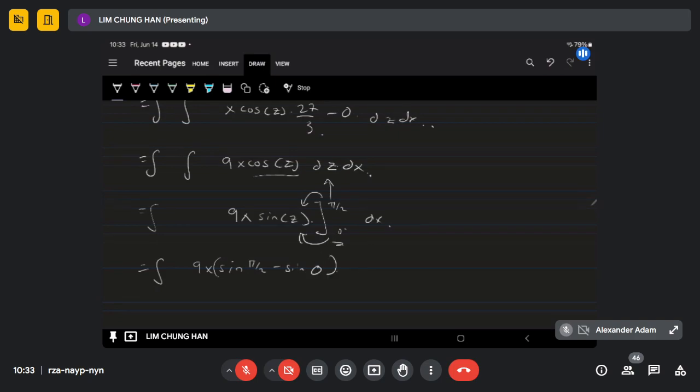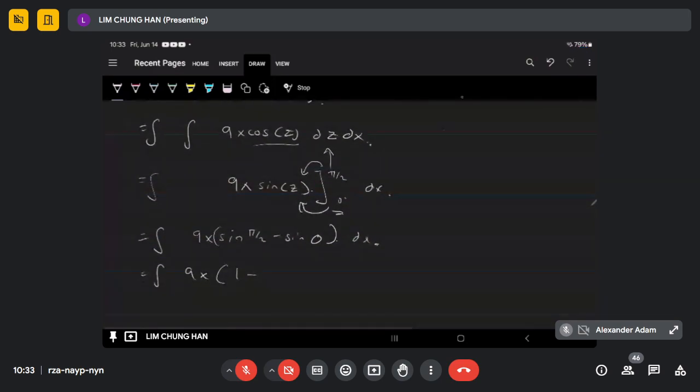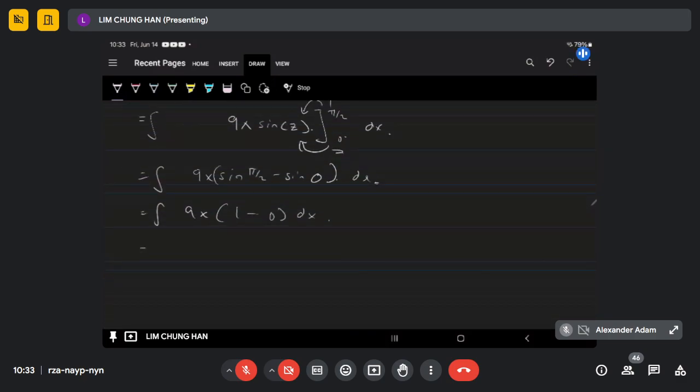Sine pi over 2 is 1. Sine 0 is 0. Therefore 9x, and the limit for x finally is 0 to 2.